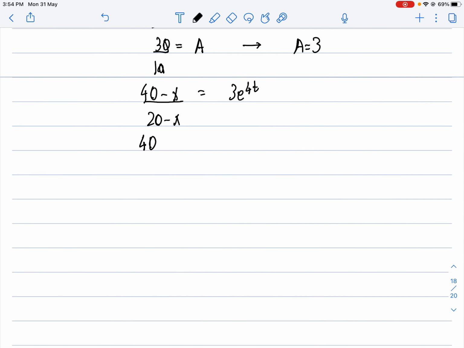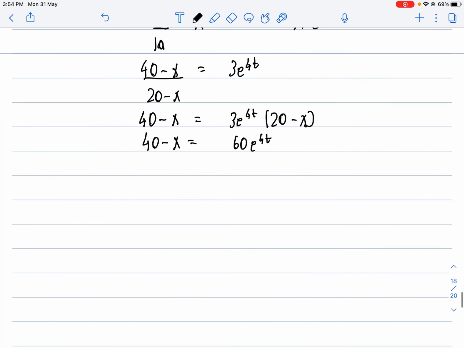So I can now write this as 40 minus x equals 3e^(4t) into (20 - x). Now this can be written as 40 minus x equals 3 into 20, which is 60, 60e^(4t), correct, minus 3e^(4t)x.